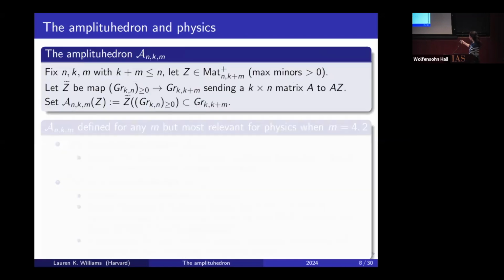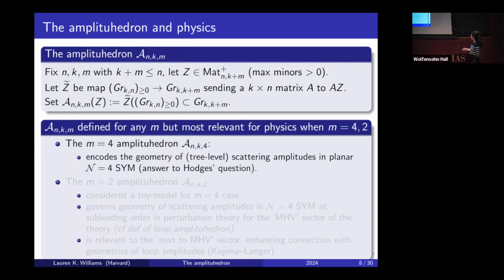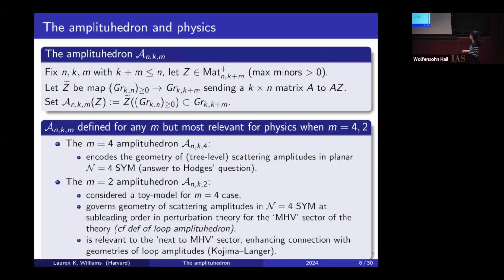Okay, so this is just a review of the definition. So like I said, this is defined for any m, but most relevant for physics when m=4. And m=2 also has connections to physics. Okay, any questions?